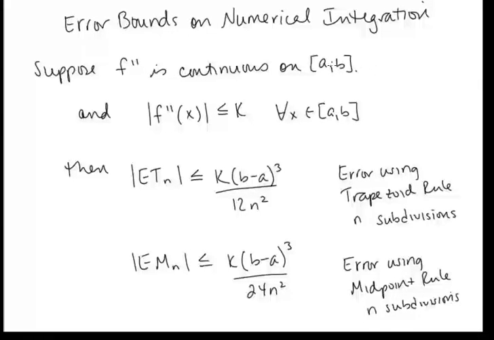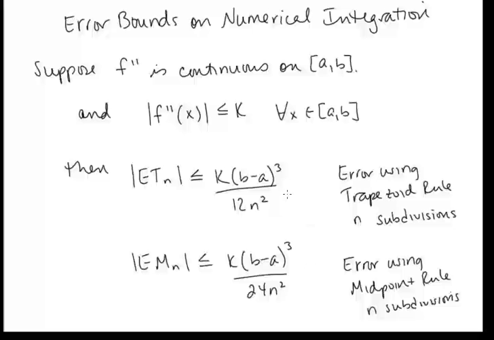So now we're integrating f over the interval [a, b]. Then the error associated with the trapezoid rule with n subintervals, that error in absolute value, is less than or equal to K times (b minus a) to the third over 12n squared. And the error using the midpoint rule with n subintervals is less than or equal to K times (b minus a) to the third over 24n squared.